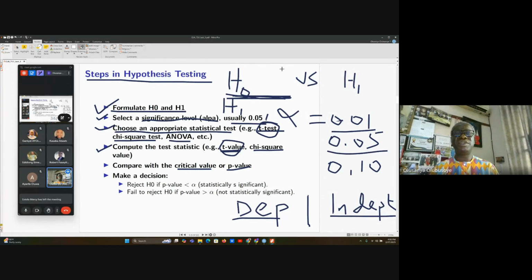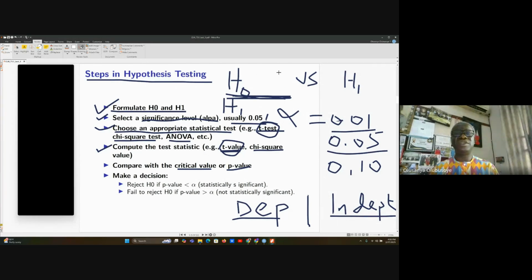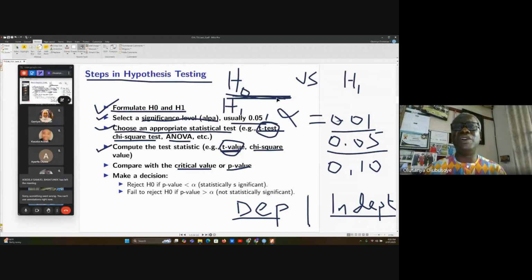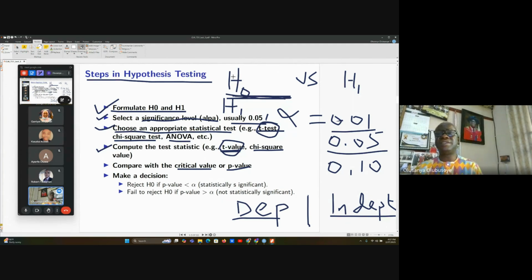What is the volume or the nature of evidence that we have? Is our evidence supporting the null hypothesis, or is our evidence against the null hypothesis?